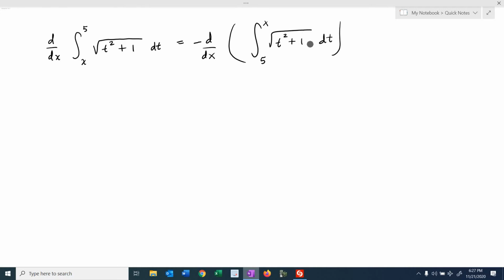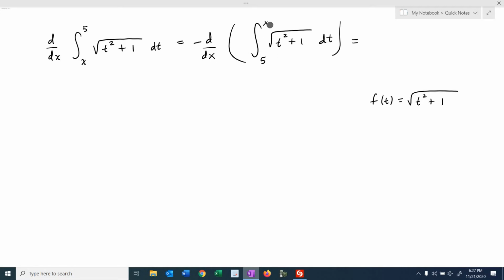Now we do have an area function here. And the fundamental theorem of calculus tells us that the derivative of an area function gives us this function inside here, the integrand, but it's a function of x, it's not of t. So the original function we had here for this area function was f of t equal to this square root.